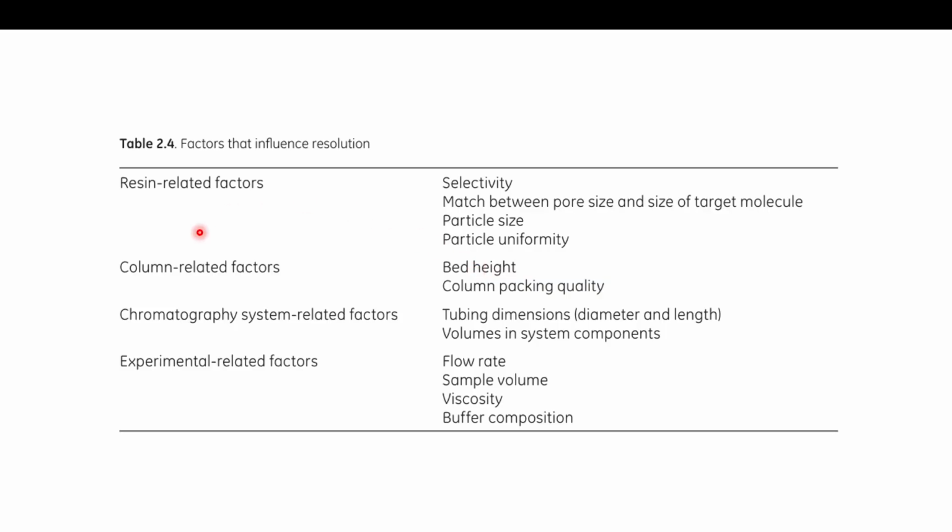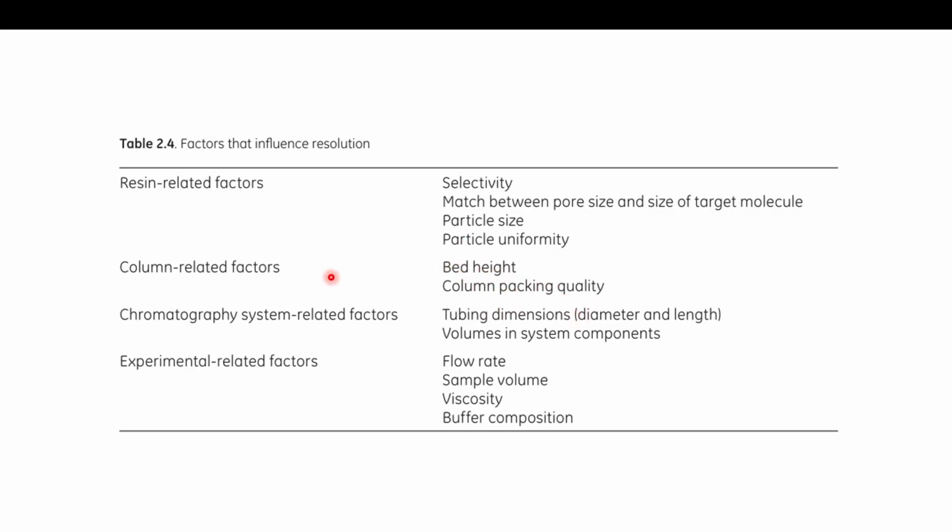Okay. Now, factors that influence the resolution during chromatography. Resin related factors, definitely. What is the selectivity? What is the match between pore size and the size of the target molecule? There should be a compatibility. Particle size, definitely, and particle uniformity. Column related factors also matter: how long is the column, mainly what is the bed height, and how well the column is packed, how well the resin is packed.